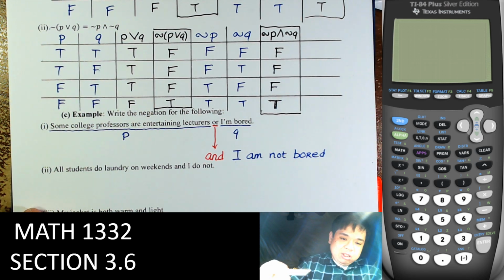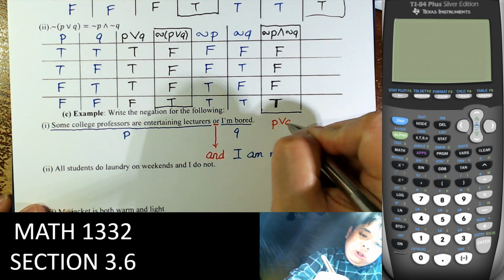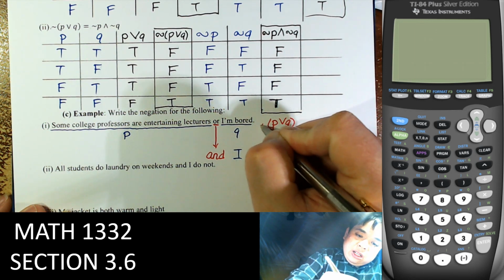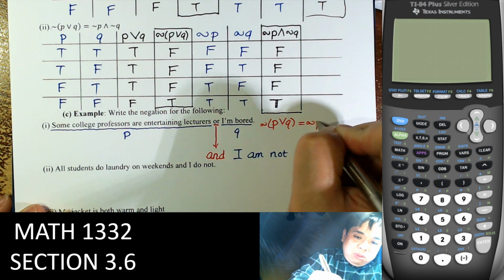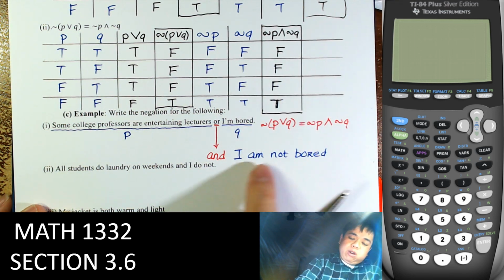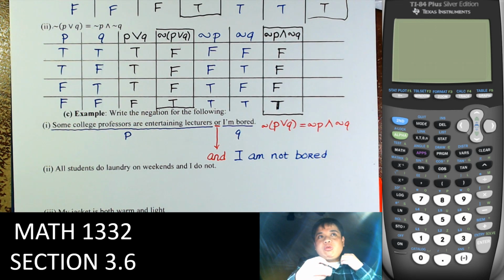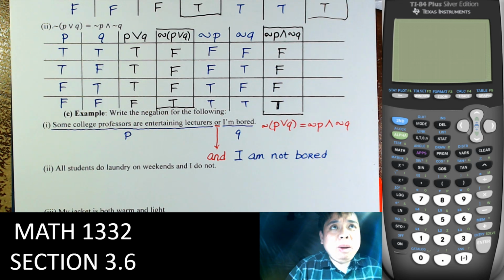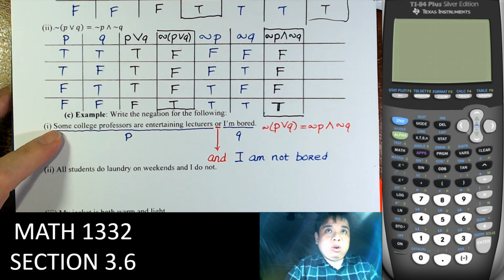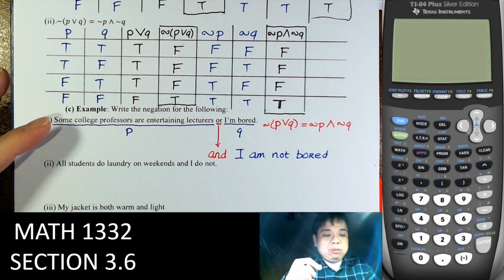Let's just write out this one first. We have P or Q, the negation of that. De Morgan's law says not P and not Q. So we have not Q already. Now just write not P. We cannot just put not here, right? Remember, for the negation with the connective, we have to change from existential to universal quantifiers. So we have to change that to all.